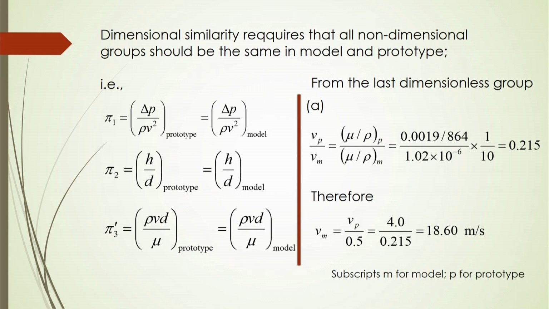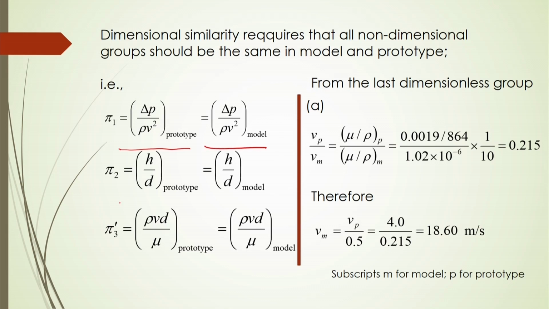Now, if you are going to analyze the model and prototype, dimensional similarity will be required, and all non-dimensional groups should be the same in the model and prototype. So for the pi 1 group, that is delta p by rho v square, the Euler number, what should it be in the prototype and the model?